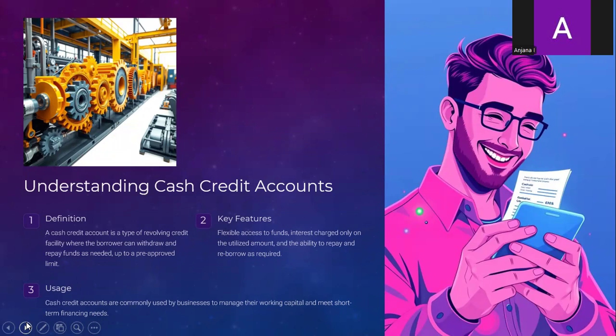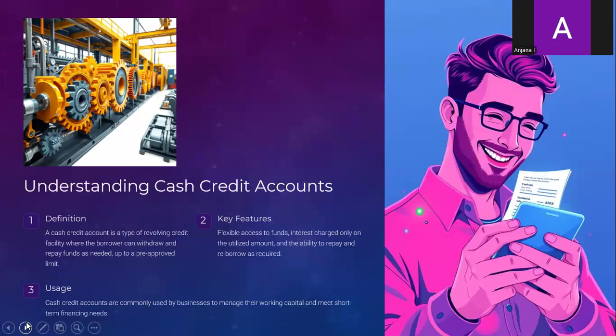You can use the entire 2 crores or you can use 1 crore, or 1.5 crores. However much you use, interest will be charged only on the amount you have used. You can withdraw the entire 2 crores and repay the funds.